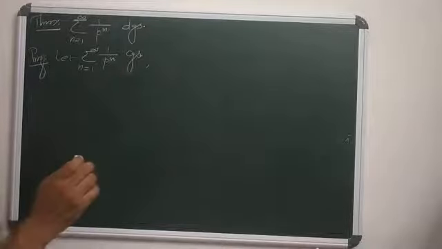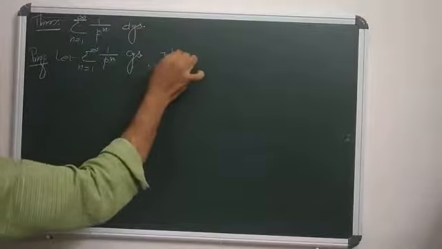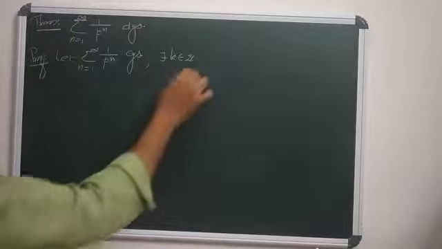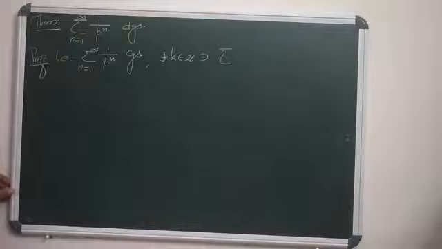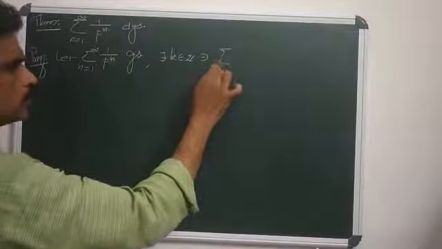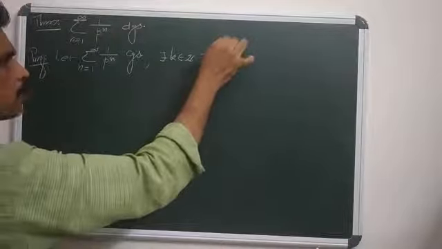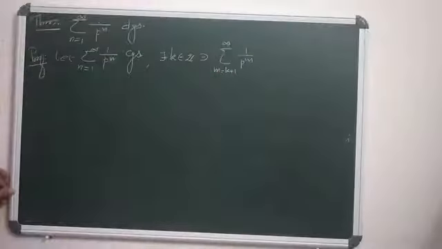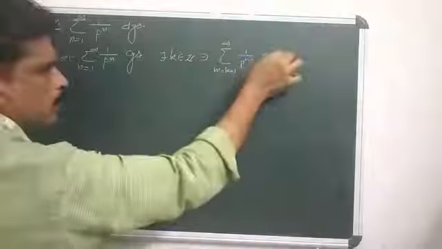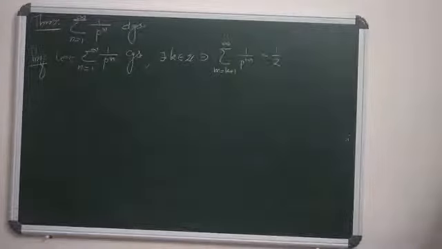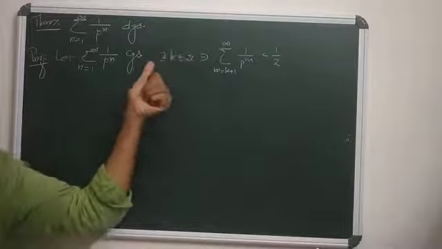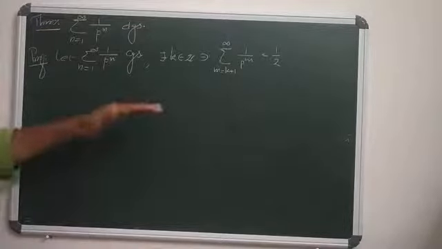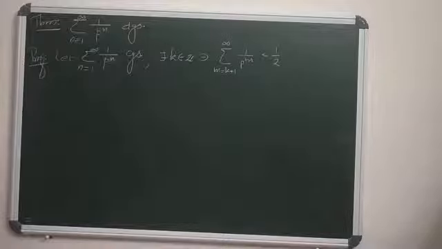Since it converges, we know that there exists an integer k such that sigma m ranges from k plus 1 to infinity 1 by p power m is strictly less than 1 by 2.